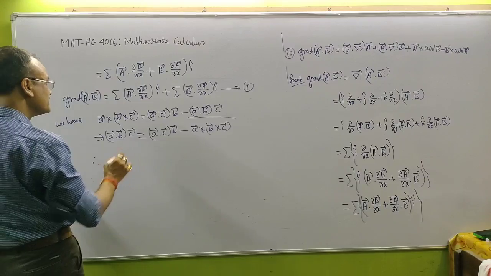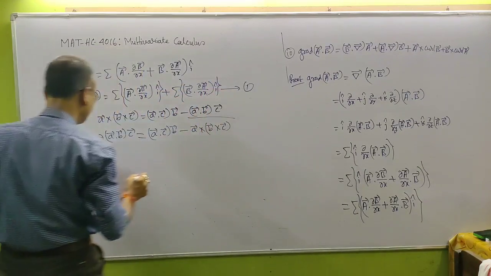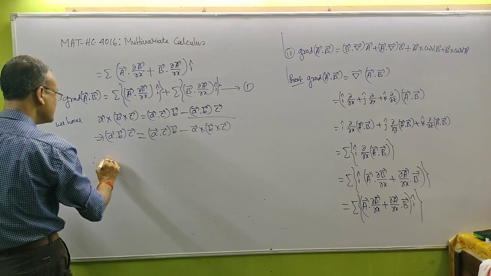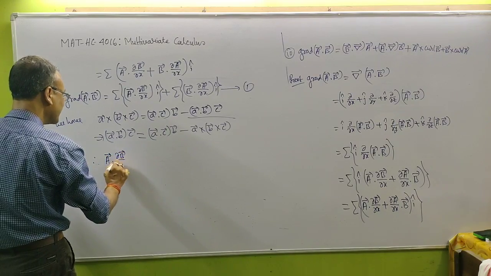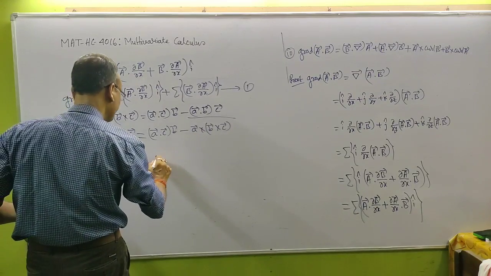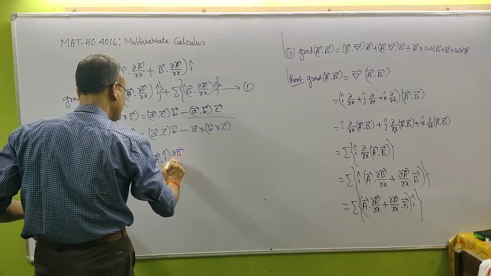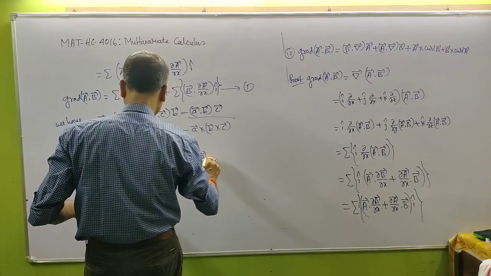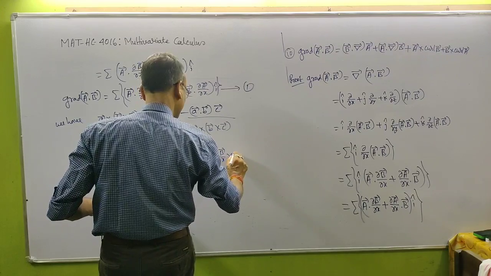Therefore, here, put this bracket here. Therefore, A vector dot del B by del x i cap should be equal to A dot i del B by del x minus A cross del B by del x cross i cap.